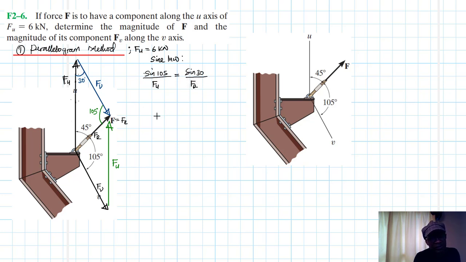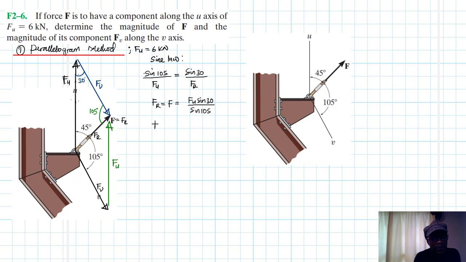Therefore FR, which is equal to F, is just going to be equal to Fu sine 30 divided by sine 105.